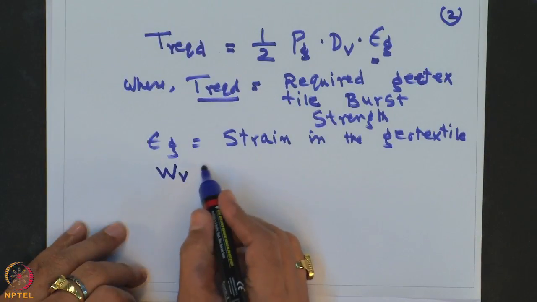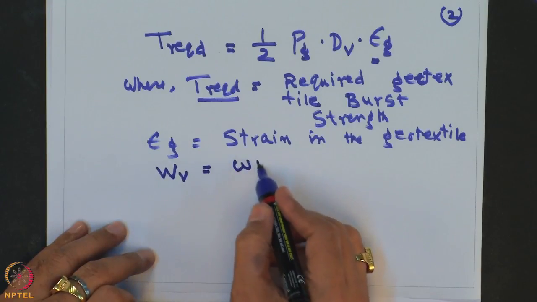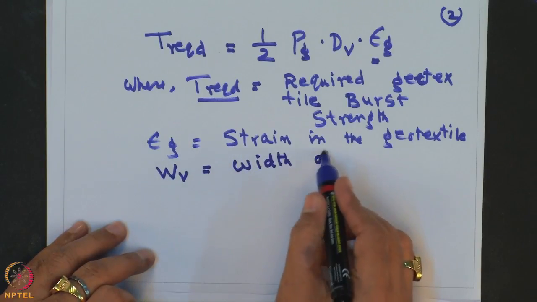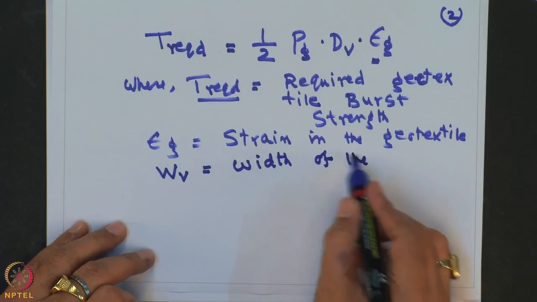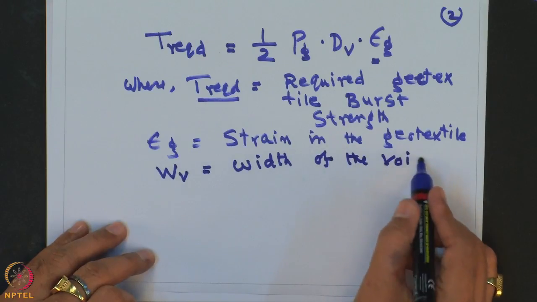Because epsilon g is the strain in the geotextile, it depends on the width of the void. Let us say W is the width of the void. Okay?